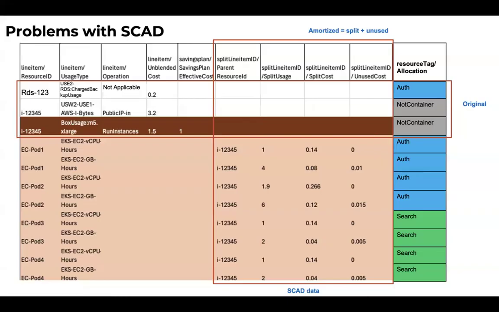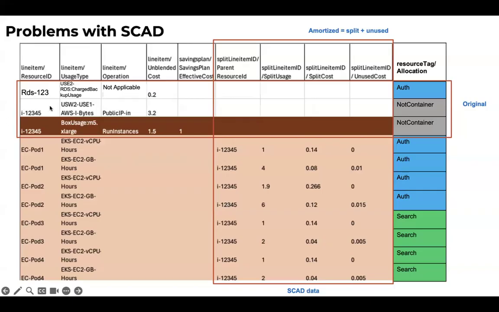So it has that problem. But in addition to that problem, it is kind of difficult to figure out which line items we should pick out, right? Because what you would need to do is, step one, go into this column using the resource ID, figure out which are all the resource IDs which are being split up. So 12345 is the resource ID that's being split up.